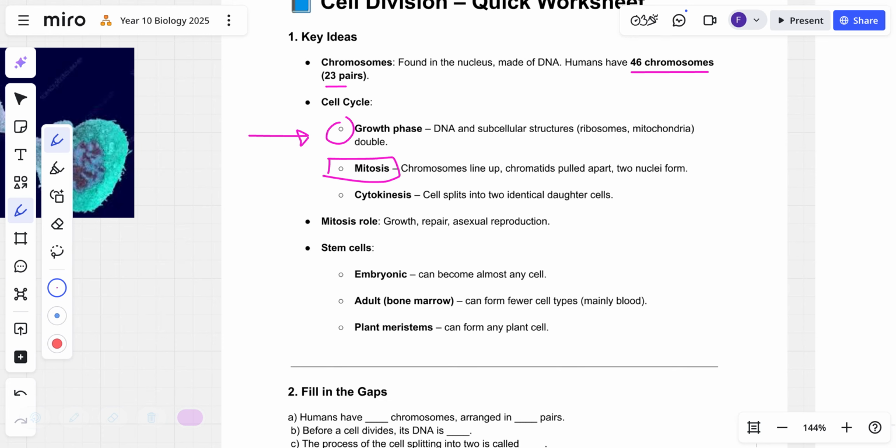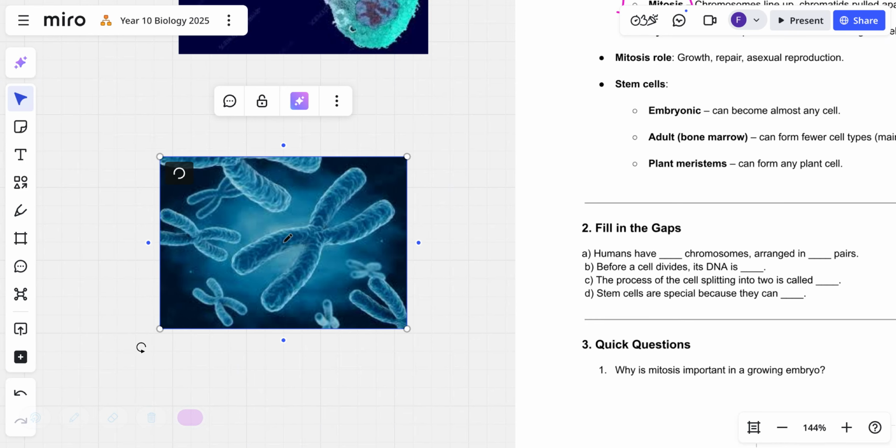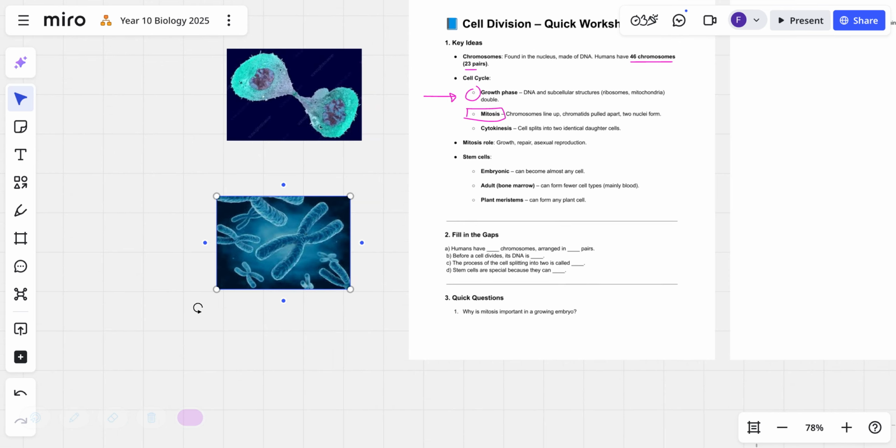All they're doing is dividing the chromosomes that make them up. If you've never seen chromosomes in cells, I'll show you a picture. Chromosomes are in your cells, and they look like this. The only time they look like this is when they're dividing, and this is called mitosis.